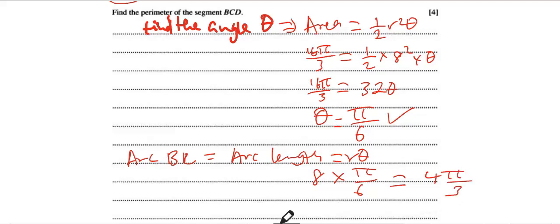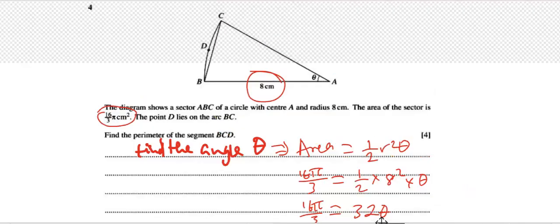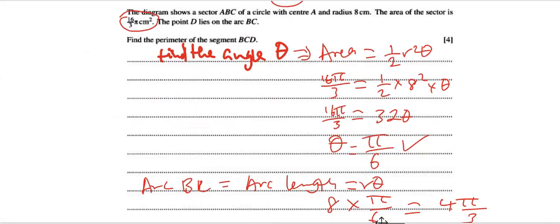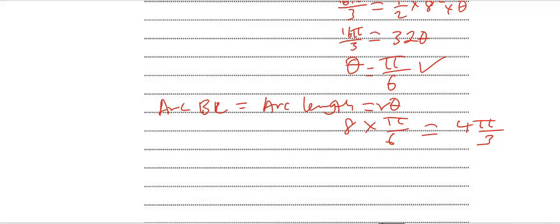Now we can look at the line BC using the cosine rule. We need the line BC for us to be able to find the perimeter of the given shape. So we are going to apply the cosine rule.